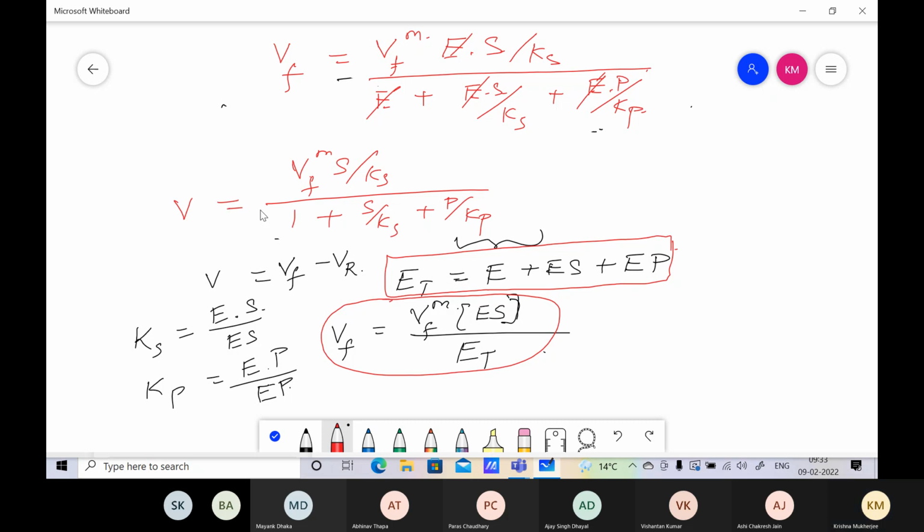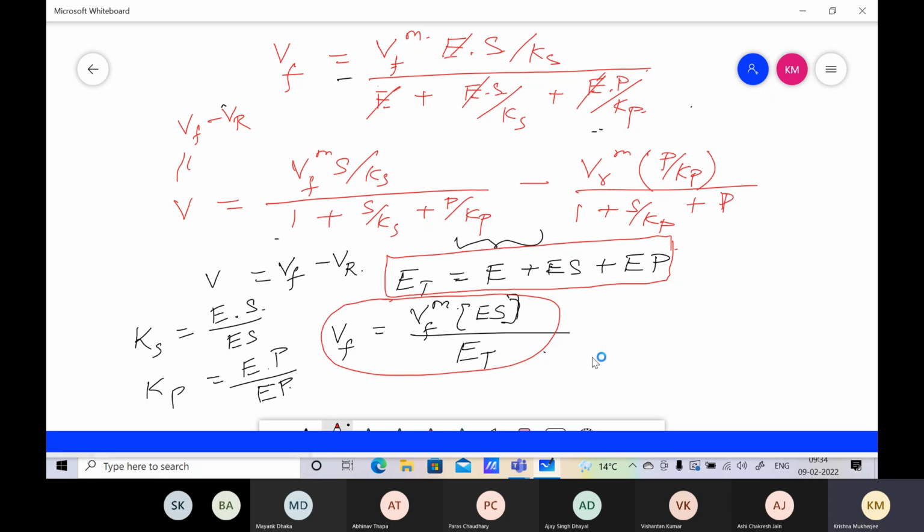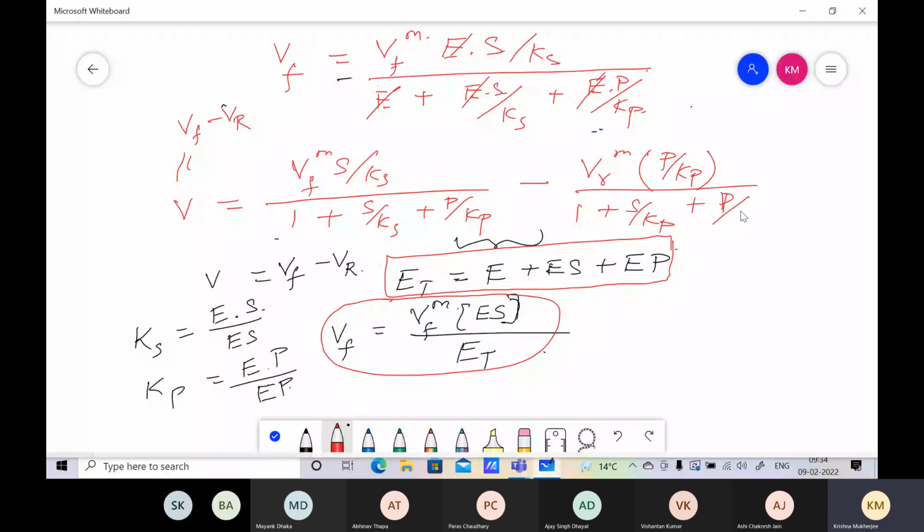V is equal to Vf minus Vr. So tell me what it will be: minus Vr max P by Kp, upon 1 plus S by Ks plus P by Kp. Okay? Sorry for this very irritating trouble all the time.